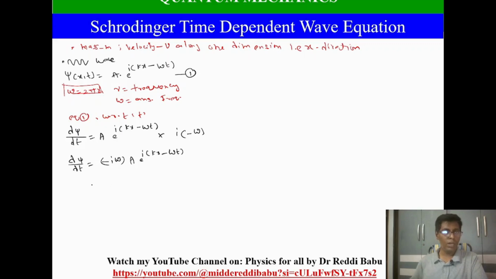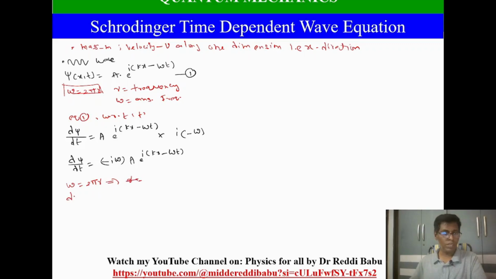Now we know omega is the angular frequency and nu is the frequency, and the relation between them is omega is equal to 2 pi nu. Now substitute in the above equation.